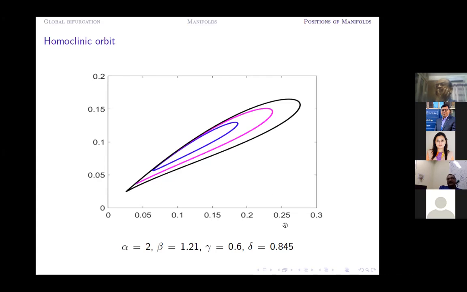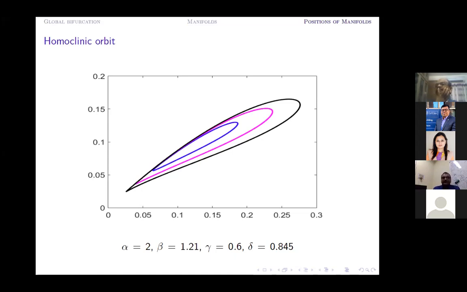After that, if you choose some value greater than this one, then this structure will be destroyed, because there is an exchange in the position of the stable and unstable manifolds from where they originate. But the point is that now you may be a little bit confused. Earlier I was talking about plotting the manifold, and now I am talking about plotting the limit cycle.